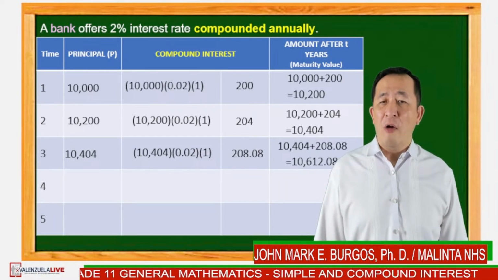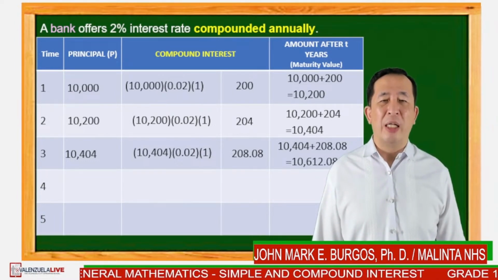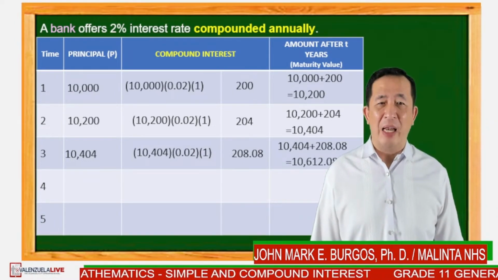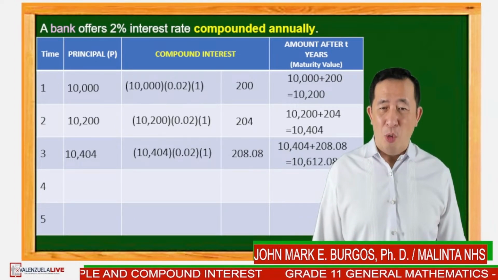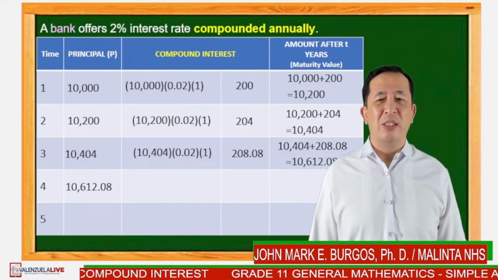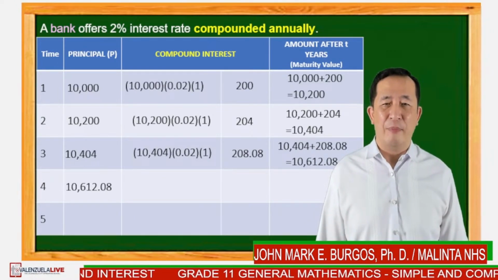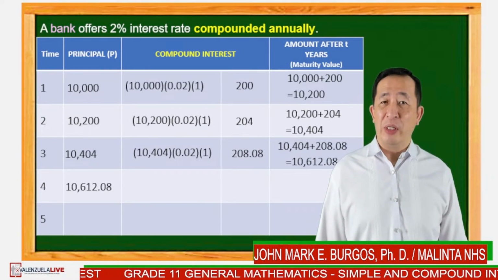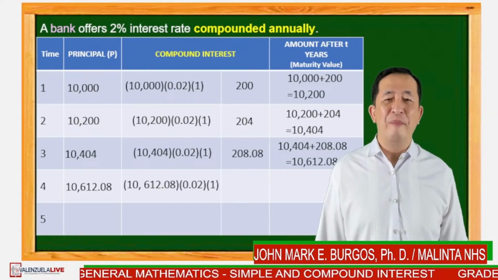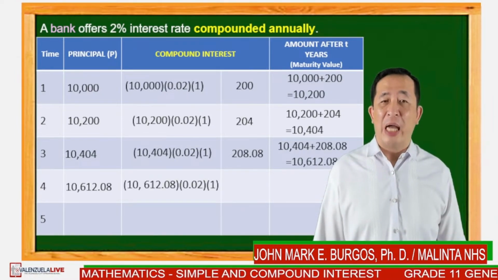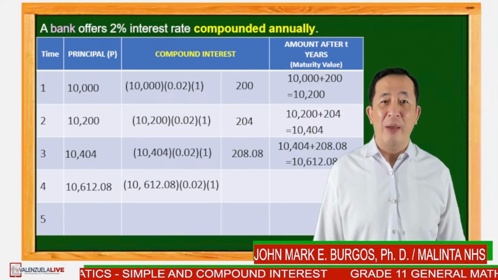On year 4, we have to start with the computed maturity value of year 3. So the principal now will be 10,612 pesos and 8 centavos. And to compute for the compounded interest, we have 10,612 pesos and 8 centavos times 0.02 times 1.